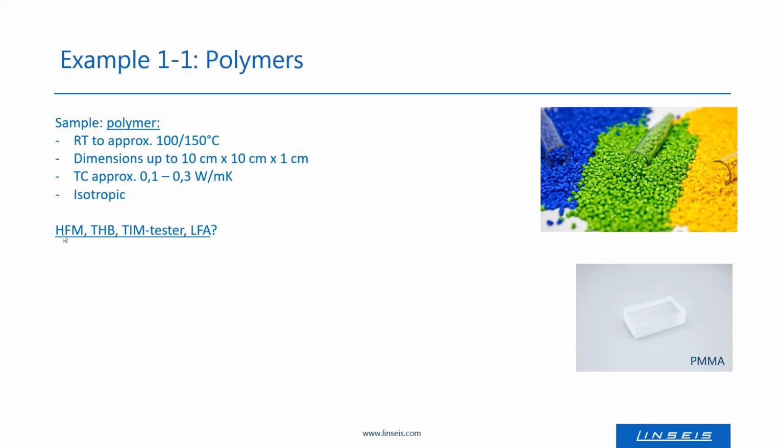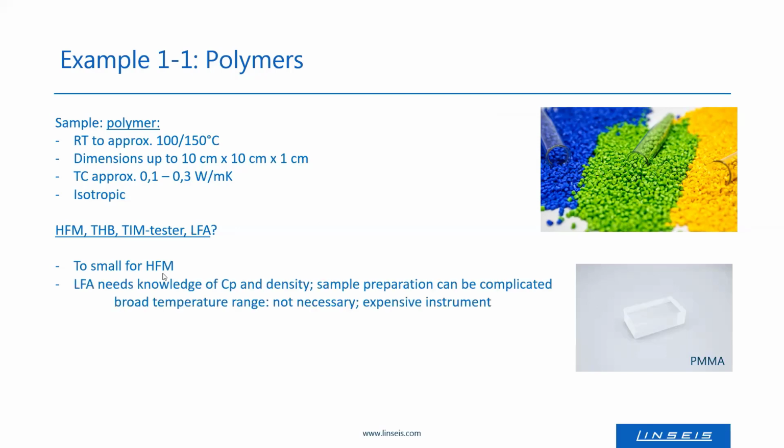So which instruments can be used? It will be too small for the heat flow meter, needing samples of 30 by 30 centimeters. It would fit in a laser flash analyzer, but with the laser flash analyzer the method is perhaps a little bit complicated because you have to know the heat capacity and the density, and you have samples to be prepared with a well-defined thickness.